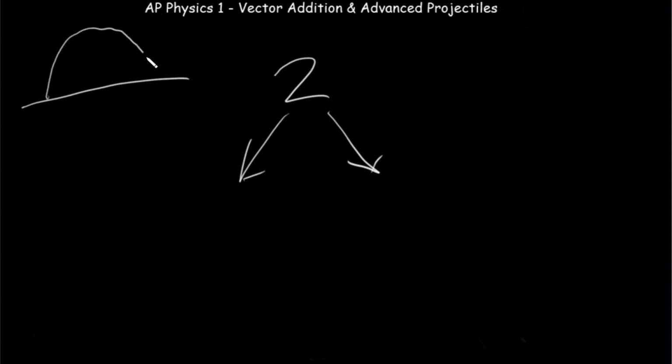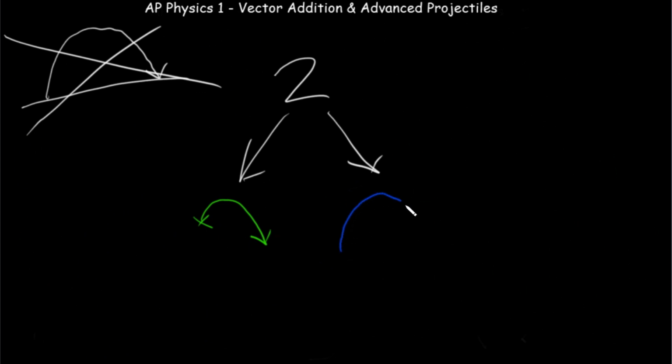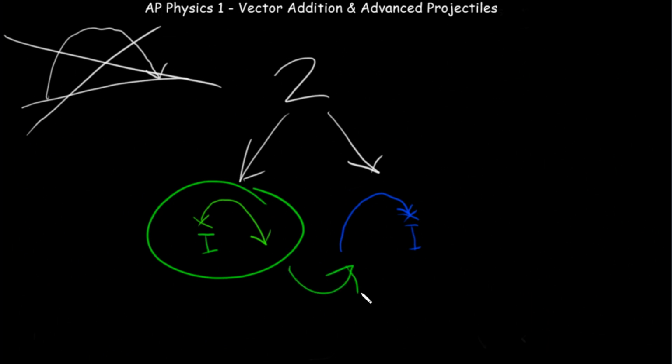We start from the flat surface and end at the flat surface. That's not what we're going to be doing here. Instead, we're going to have two situations. We're either going to start at the top, work our way to the bottom, or we're going to start at the bottom and end at the top. And there's going to be displacement here, displacement here. Let's go over this method first, and then we'll move on to this method.